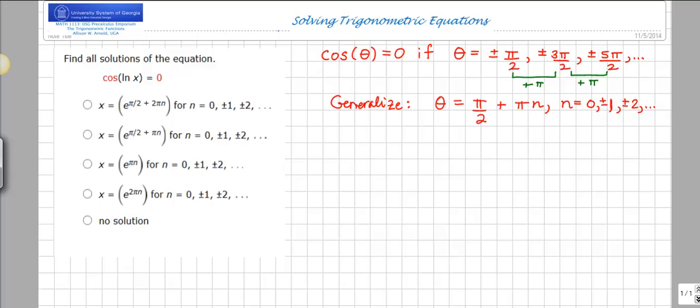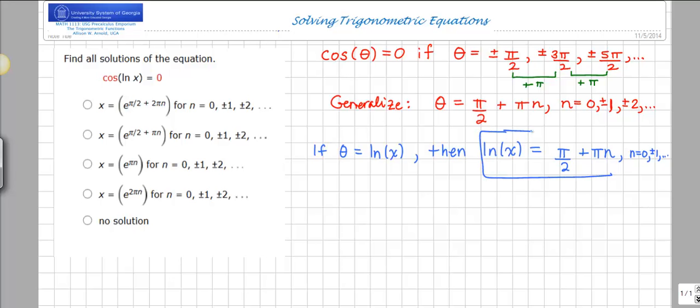Now by substitution, if theta equals the natural log of x, then natural log of x would equal these answers in the pi over 2 format. So most notably, we're solving the logarithmic equation: natural log of x is pi over 2 plus pi n.